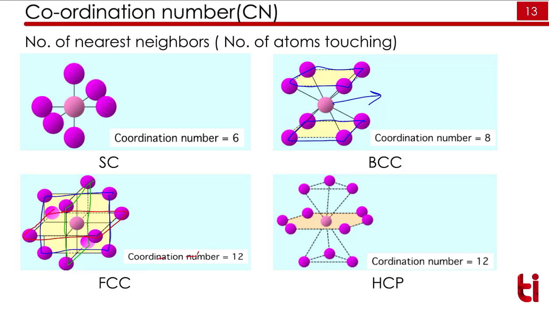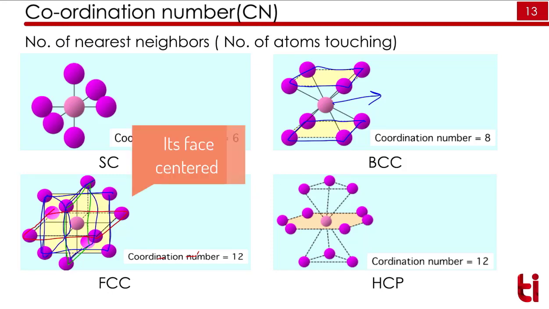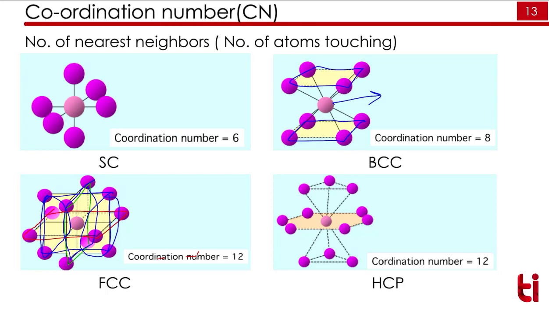In FCC it is 12: 4 atoms from the same plane, 4 atoms from the body center of one unit cell, and 4 atoms from the body center of another unit cell. And for HCP it's again 12. We can see that this atom is touching 6 other atoms in the same plane, 3 atoms in one unit cell, and 3 atoms in another unit cell.